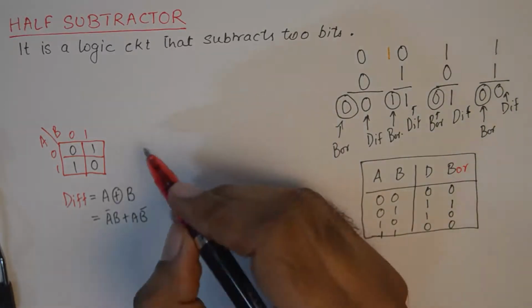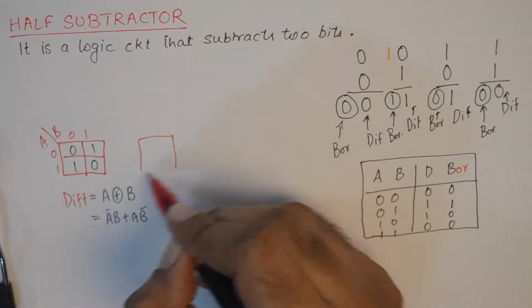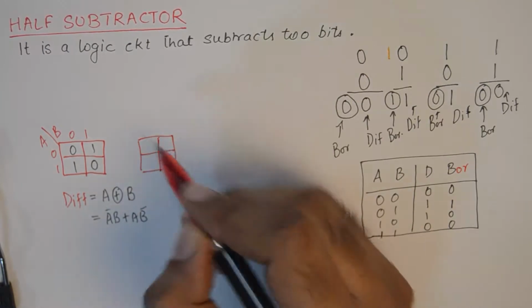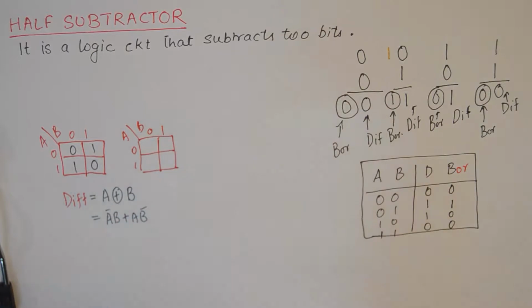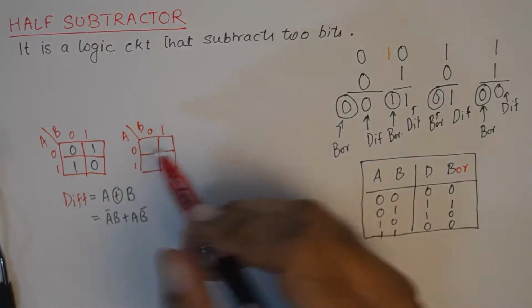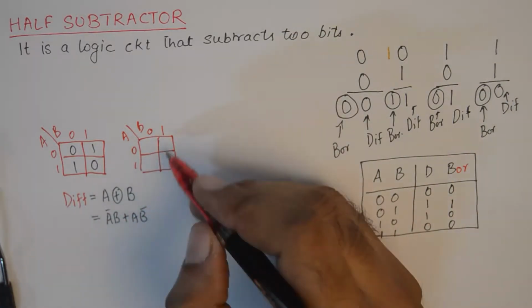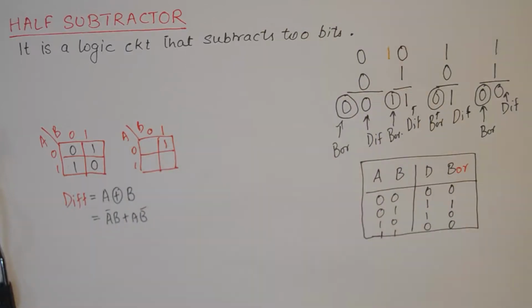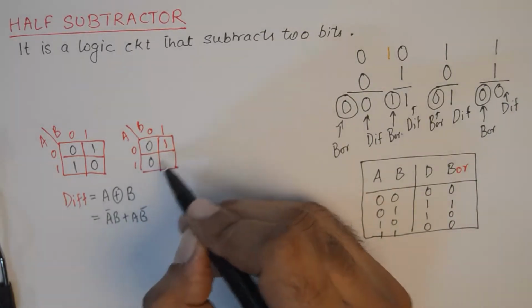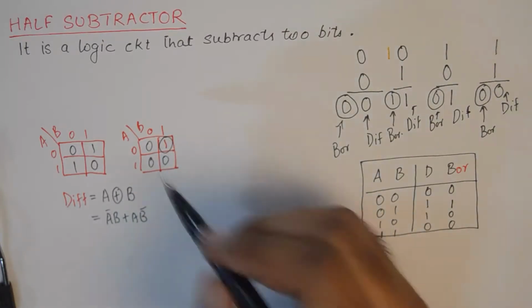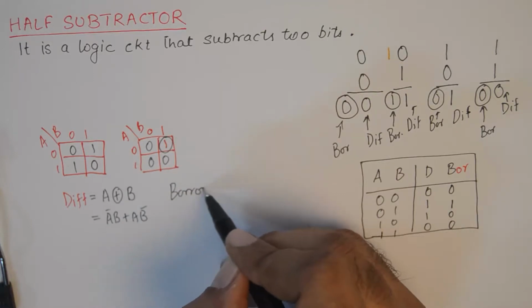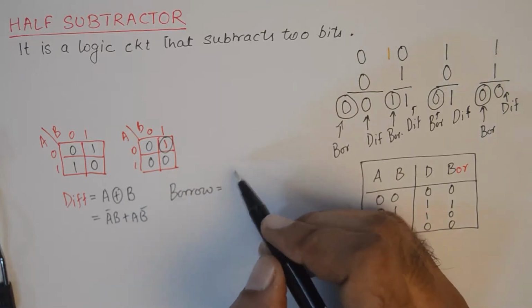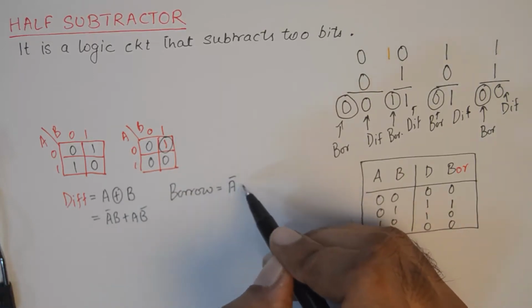And similarly for borrow, we have a 1 here at this place, and everybody else is 0, so the expression for borrow will become A bar B.